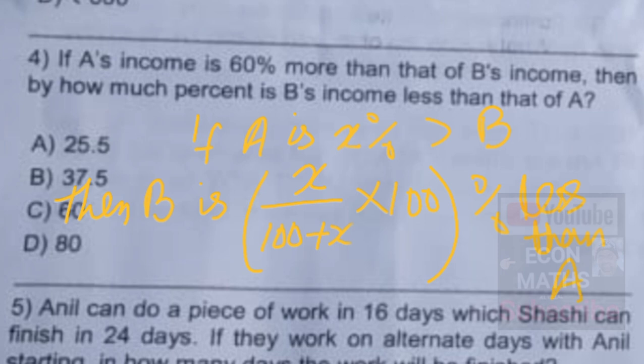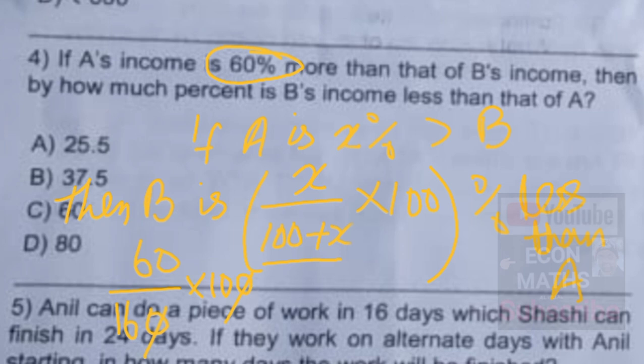So here we are told A's income is 60% more. So in place of X we have 60. So this will become 60 divided by 100 plus 60, which is 160, into 100. So this gets cancelled with this.